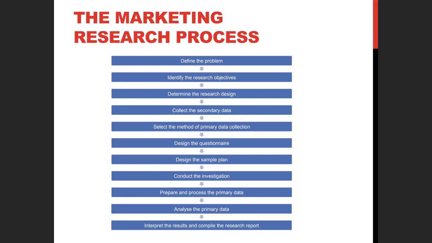Your prescribed textbook will give 3 types of research designs. There is what is known as exploratory research design. Then you also have descriptive research design and causal design. These 3 are different, as the terms actually express the differences.